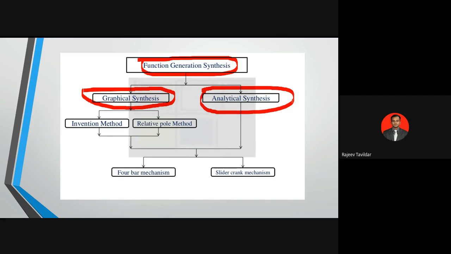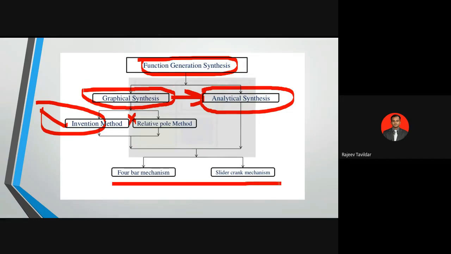This is only unit number 4, wherein we are doing the same things you have done in the graphical method, same problems will be solved by using analytical method. In graphical method also we have 2 types: inversion method and relative pole method. Of course we are not using the relative pole method, we are only using the inversion method over here. So graphical and analytical together, we are only focusing on these 2 mechanisms: 4-bar mechanism and slider crank mechanism.